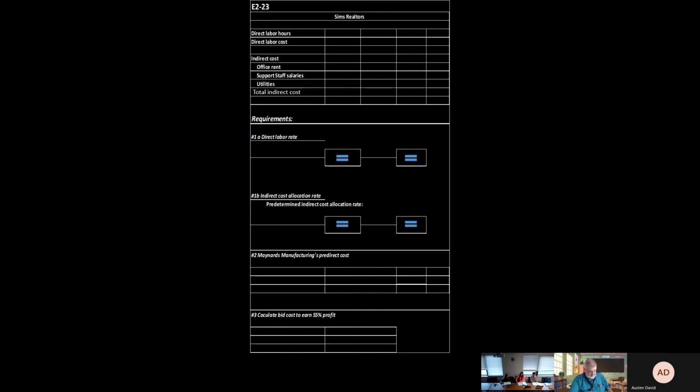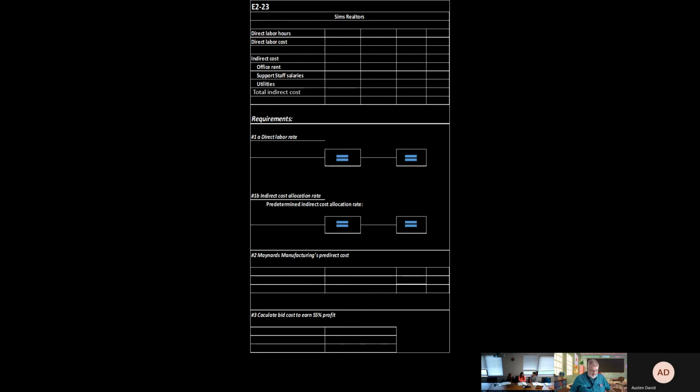At the beginning of 2011, managing partner Debbie Sims prepared the following budget for the year. So we're going to look at this budget real quick. 14,000 hours. This is where I was telling you it kind of was related to their rent, which is $26,000.